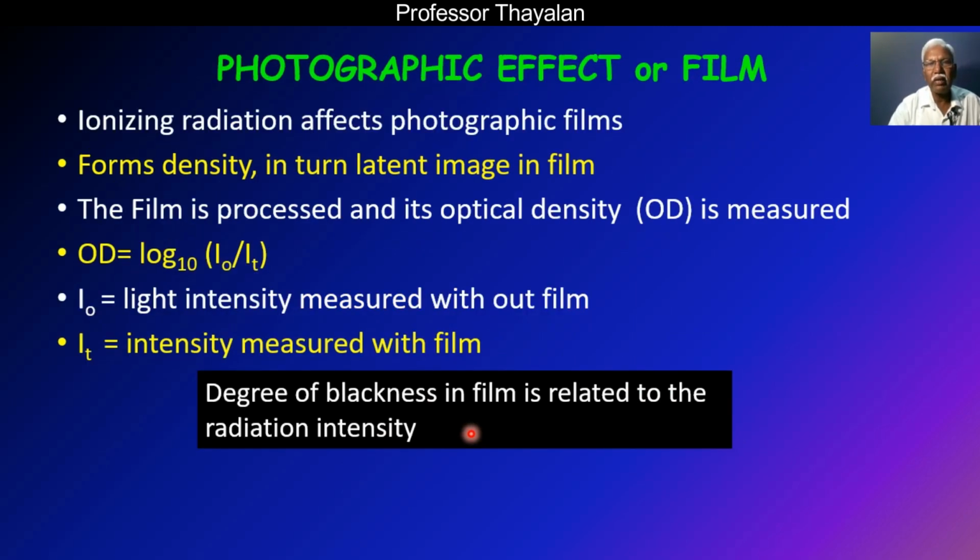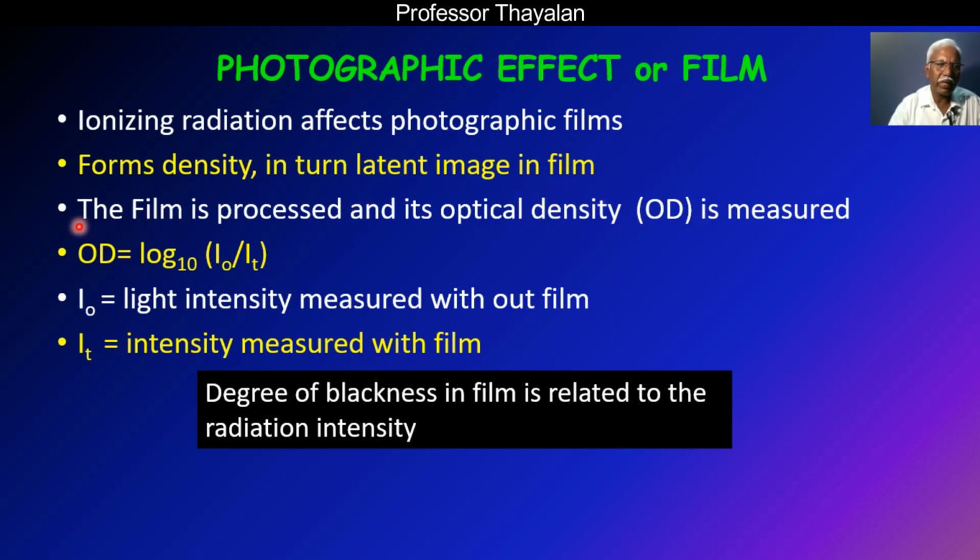Let us take photographic film or the photographic effect. When photographic film is exposed to ionizing radiation, it forms density. As a result, you will get a latent image in the film. This latent image can be measured. How to measure it? It is measured in the form of optical density, OD, using a densitometer.